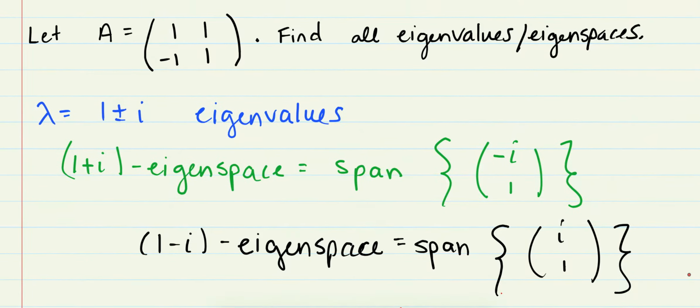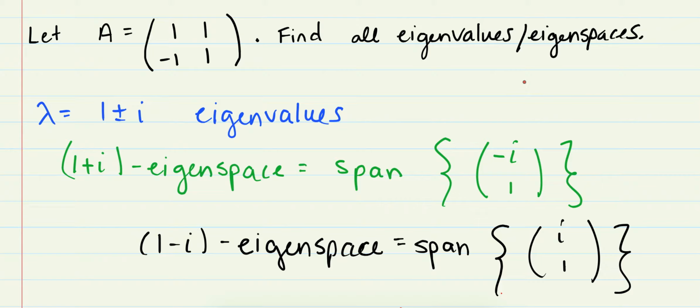You see that we found two eigenvalues, 1 plus i and 1 minus i, and they're complex conjugates. Any vector in the 1 plus i eigenspace is a scalar multiple of this basis vector, and you can see that the complex conjugate of this basis vector is right here, (i, 1).